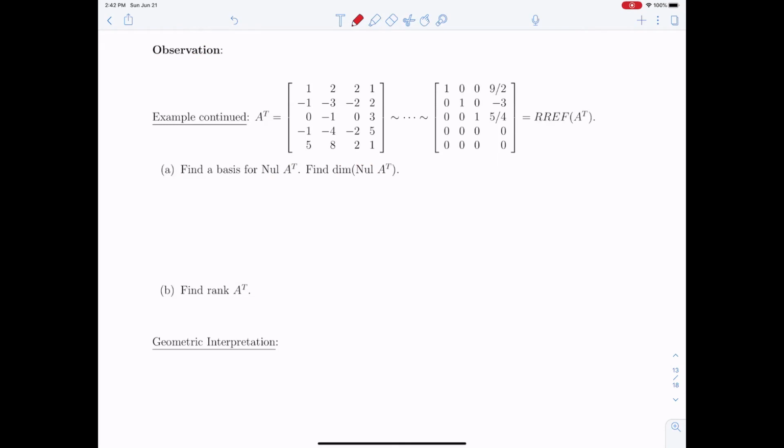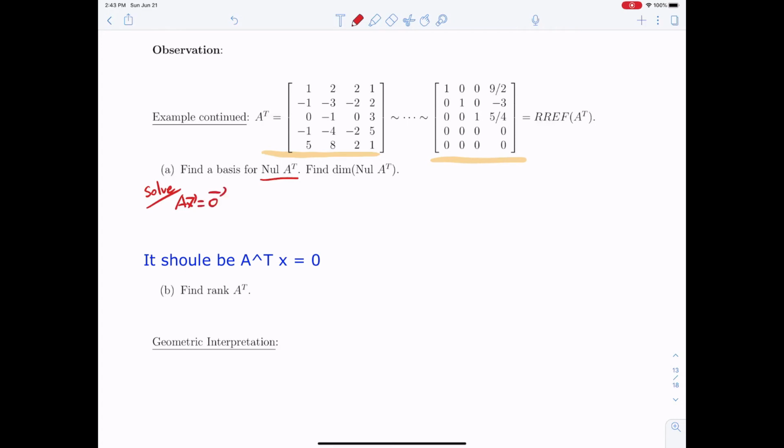So let's look at this example. Suppose that A transpose is given by this matrix, and suppose also that the RREF of A transpose is given by this. Then again, the null space is defined as the solution set for the homogeneous equation Ax equals 0.